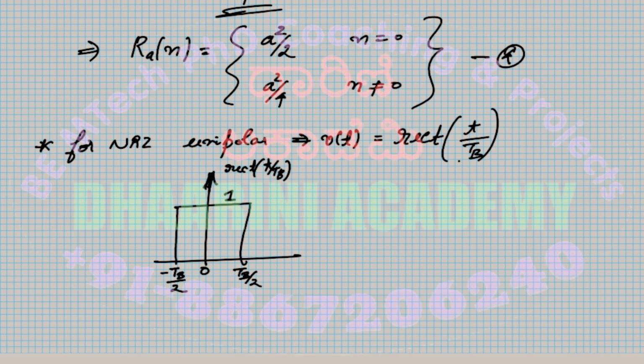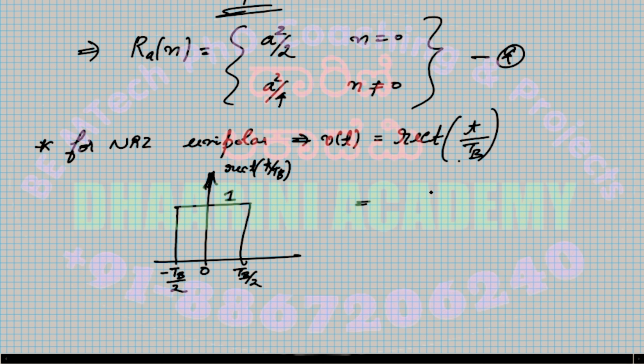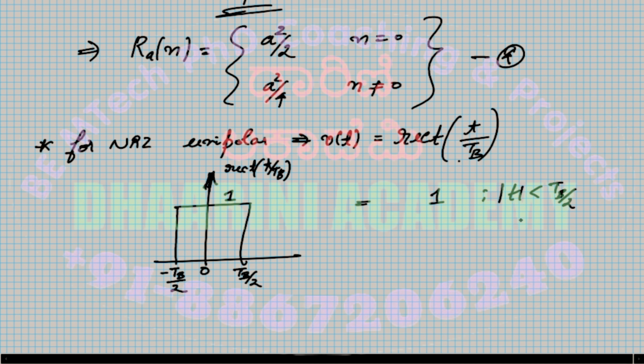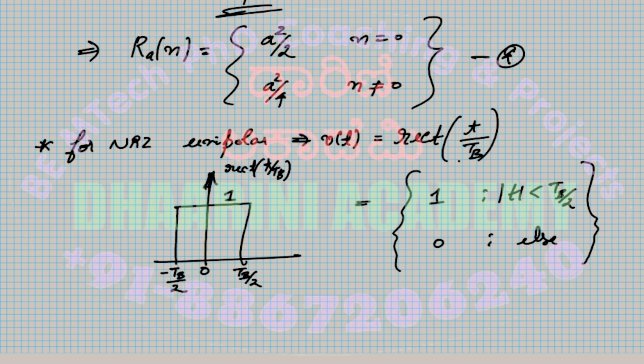What is the equation if you want to write? This is 1 if magnitude of t is less than tb by 2, that is between minus tb by 2 and plus tb by 2. This is the signals and systems way of writing this. It is 0 else. Hope you have seen something similar to this in signals and systems.